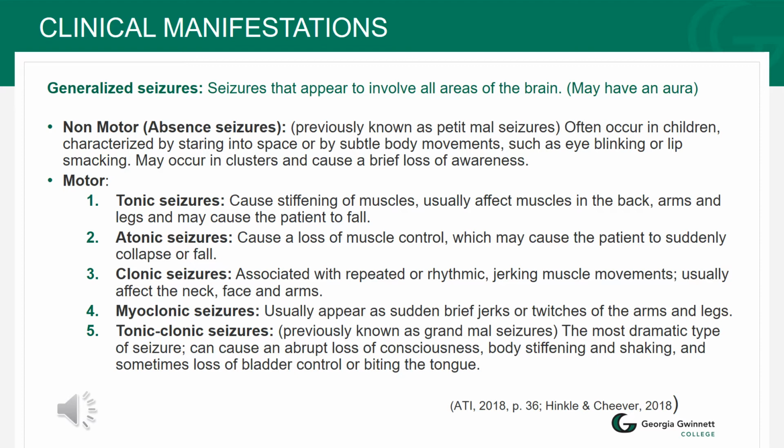Incontinence can also accompany this type of seizure, the tonic-clonic seizure. And after the seizure is over, we are in the post-ictal phase. The post-ictal phase is the name of the time period after the seizure. There will be a period of confusion and severe sleepiness following this seizure. They are just completely wiped out after these tonic-clonic seizures.